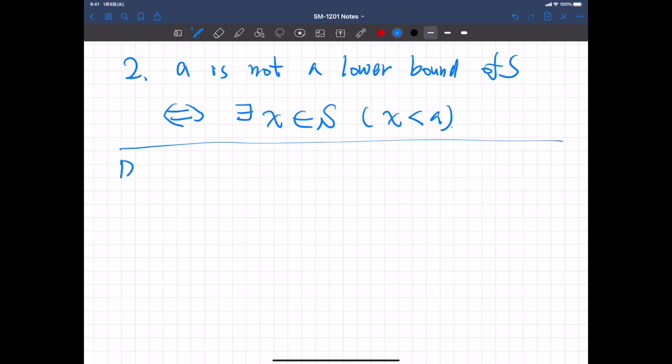Another definition: bounded above or below.